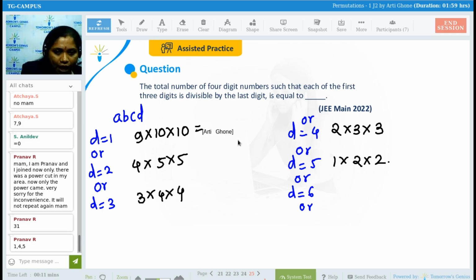Or means what? You are going to add these numbers, with the OR case of the fundamental counting principle. Do it.